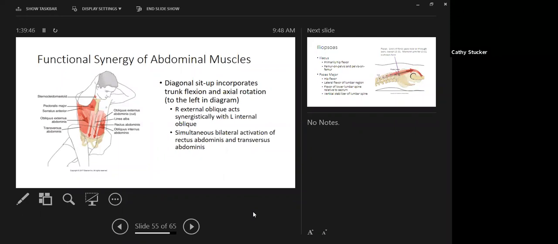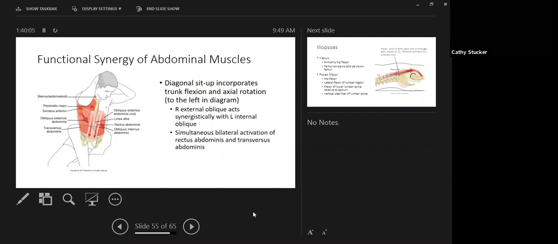Okay, we can go another one. The abdominal muscles function together synergistically to produce movement. So when you do a diagonal sit-up like this, you've got trunk flexion and axial rotation all happening at the same time.